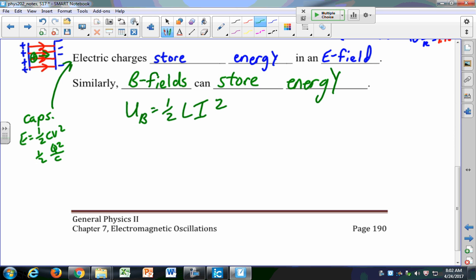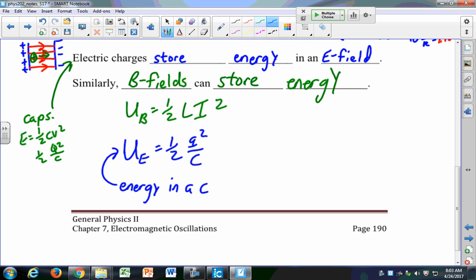And just to keep the same notation, we'll say that the energy stored in an electric field, which we'll call UE, is equal to 1/2 Q squared over C. This is the energy stored in a capacitor. And this is the energy stored in an inductor.